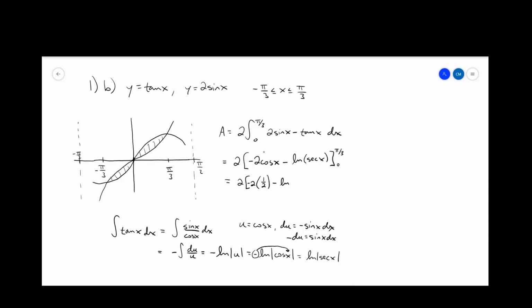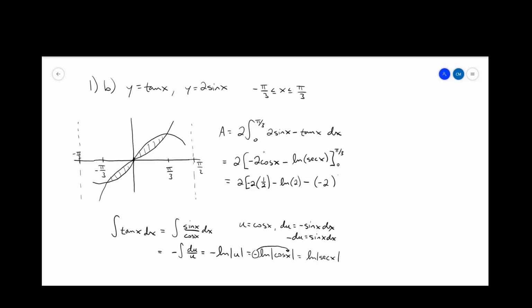Yeah, 2. ln 2. And then minus, now here we do have to be careful because plugging in 0 is going to matter. When I plug in 0, what's the cosine of 0? That's 1, right? So that's going to be minus 2 there. And then the secant of 0? I think it's 1. And when you take the natural log of 1, you get 0, right?